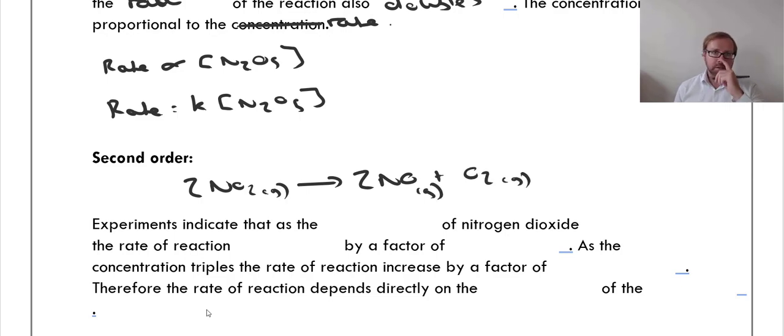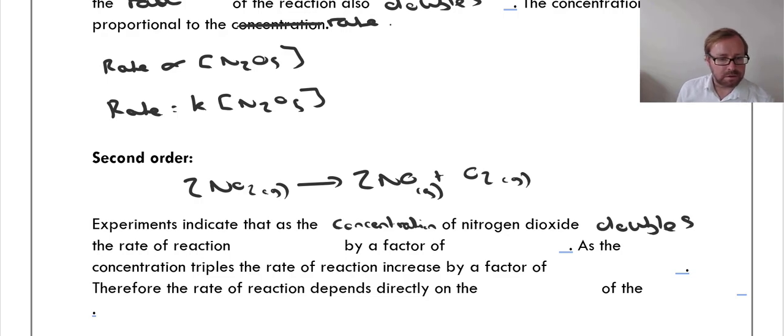Again, this will be conducted through experiments, and experiments indicate that as the concentration of nitrogen dioxide doubles, the rate of reaction increases by a factor of 4. As the concentration triples, the rate of reaction increases by a factor of 9.